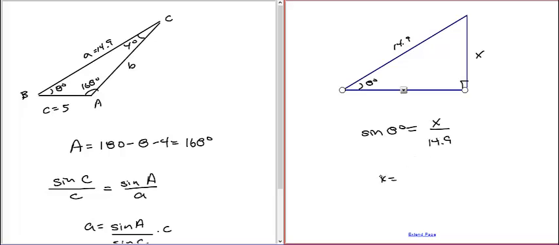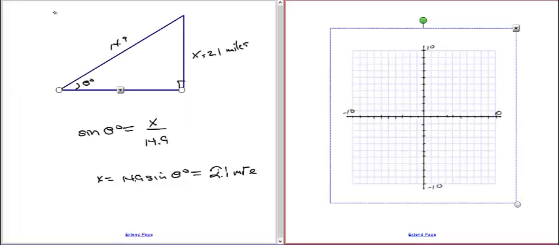So if you solve for x, it's going to be 14.9 times the sine of 8 degrees, which is 2.1 miles. So that's 2.1 miles, which is about 10,500 feet, which is not unreasonable for a propeller aircraft.